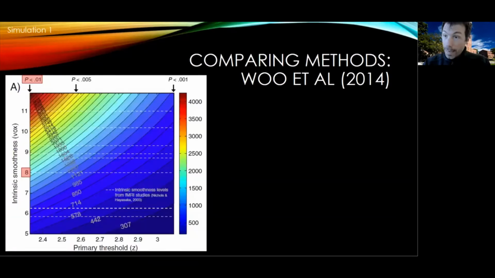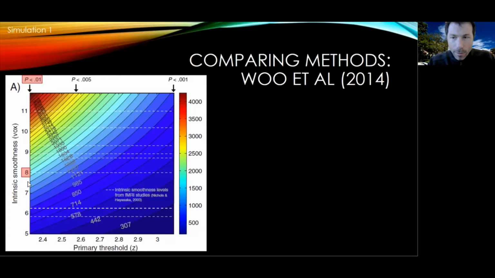Here's a simulation example of exactly this. What you're seeing here is, on the x-axis, the different primary thresholds that you could use to create clusters. On the y-axis is how smooth the data are.